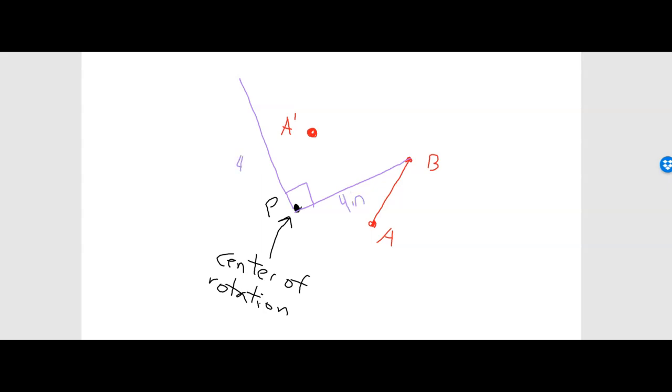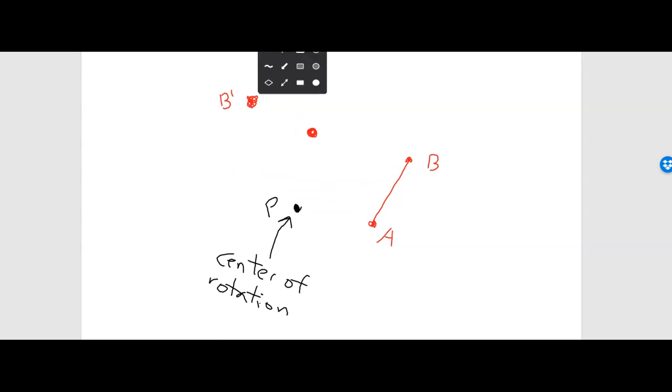Well, I'd measure 4 inches along this line until I got to 4, and I would mark my new point B prime. And then I could erase all my extra segments. And let me move my A prime out of the way. Then I could sketch my new segment.